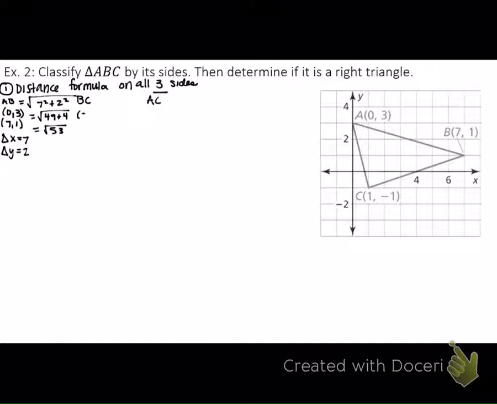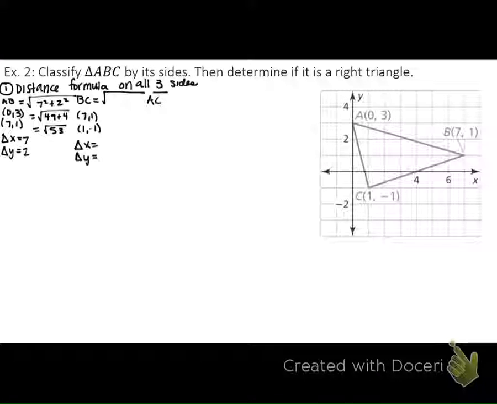BC is 7, 1 and 1, negative 1. Desiree, what's the change in X for BC? So B to C is 7 to 1. So what's that change? 6. Perfect.